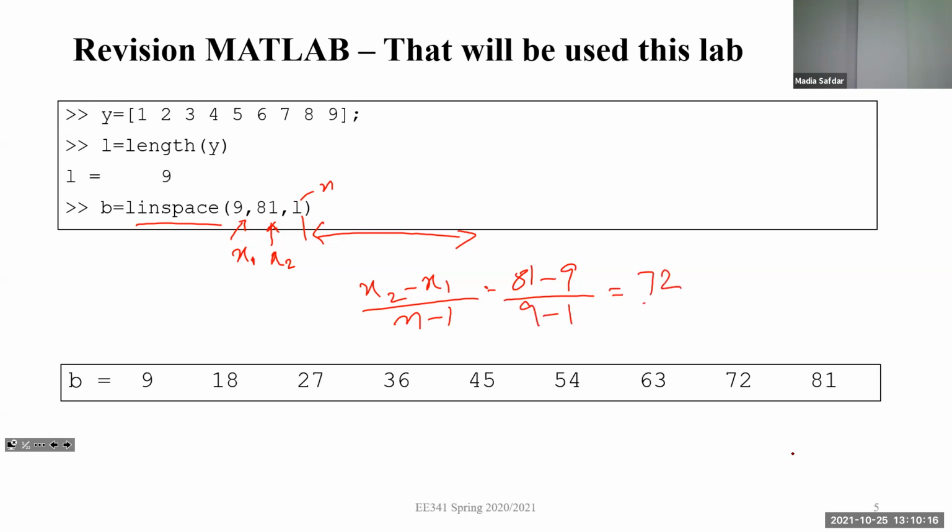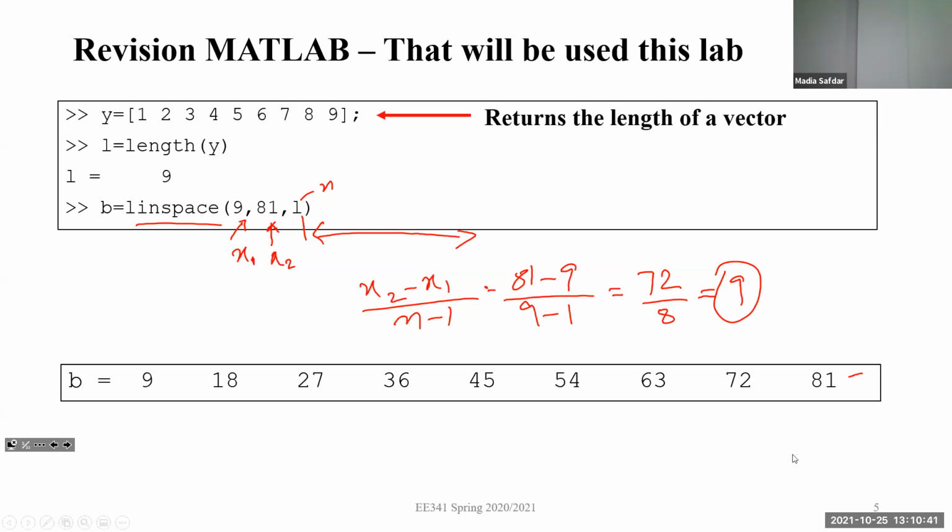This is 72 divided by 8, which is 9. So it will distribute the points according to the number of samples. With 9 samples, it starts from the first value, 9, ends at the final value, and in between there is a difference of 9.